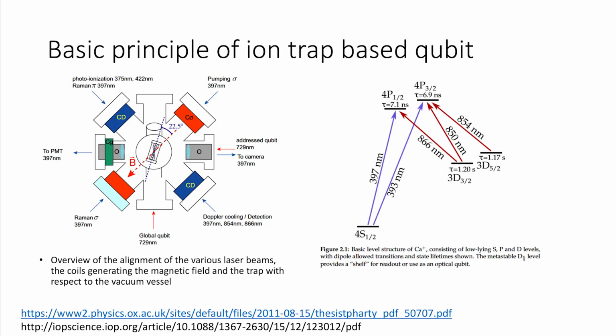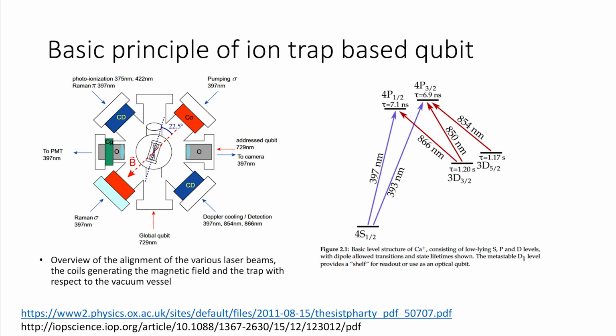We use two different levels of fine structure, which you are able to address. You need two pulses of laser to go to one of these states, and you need another pulse sequence of lasers to go to the other state.